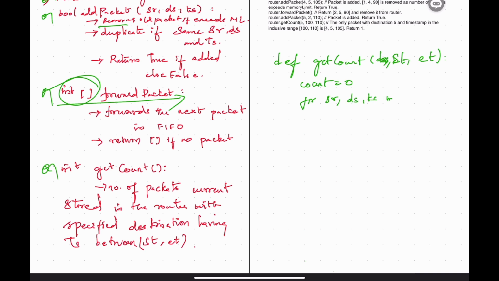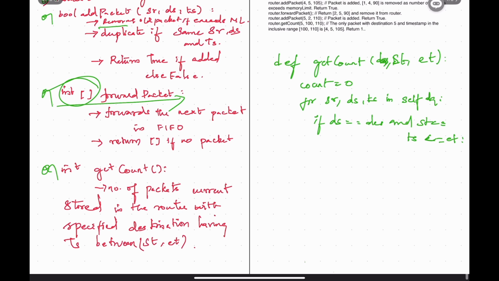We'll be having 3, right, in self dot DQ. So for each DQ value, we'll have source, destination and timestamp. If the destination is equal and the timestamp falls between the start time and end time, then okay, this you should take a count.